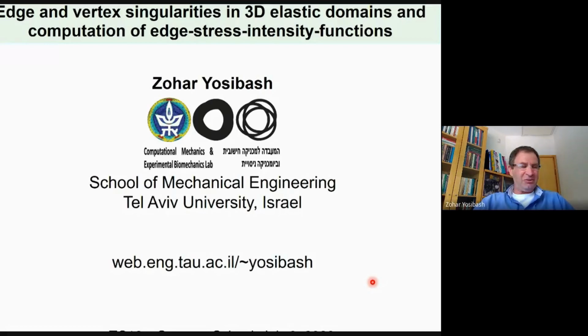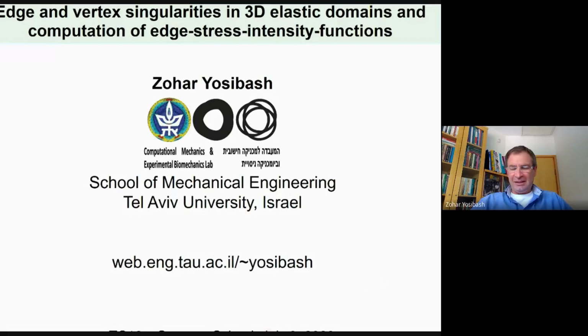It is not 100% related to finite fracture mechanics, but since we have V notches and we have the need to compute the generalized stress intensity factors in 2D and in 3D, it becomes much more complex. We have been studying this 3D elastic domain for quite a while, and I thought it would be of interest to discuss it a little bit.